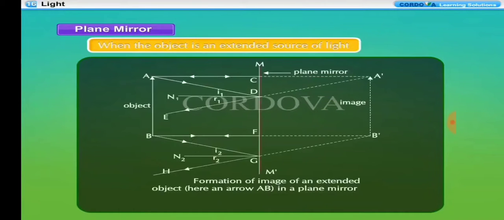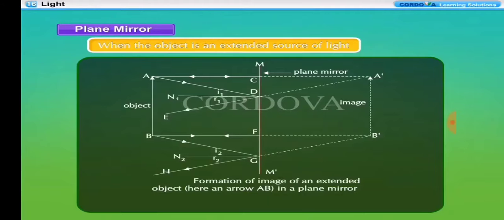When the object is an extended source of light, an extended object or bigger object like a pen or a pencil can be considered a collection of a large number of point objects. An extended object, say a pencil, is placed in front of a plane mirror, MM'. We take two extreme points, A and B, of the extended object into consideration.